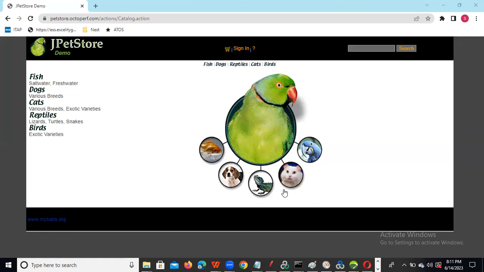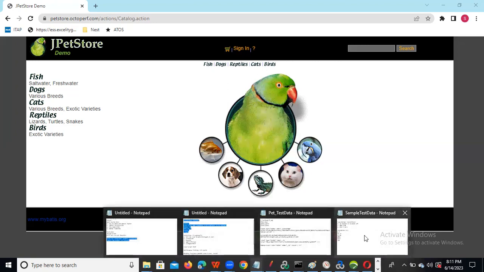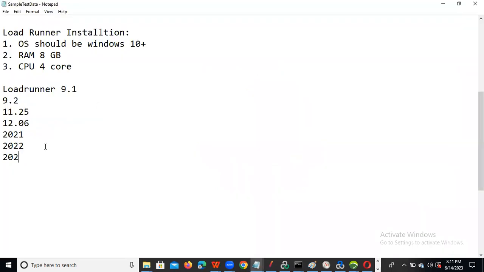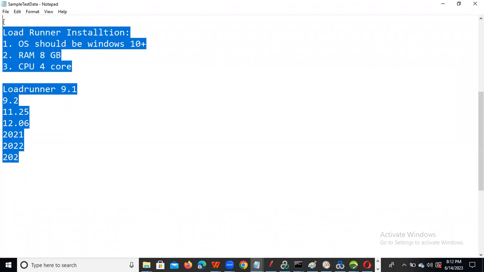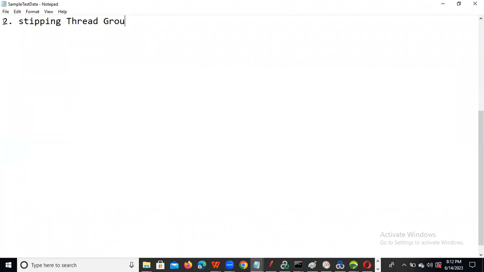Okay, very good. So everyone is good with all these things, right? LoadRunner architecture also we have seen, right? What is the response time? The round trip of request and response, we call response time. Yes, very good. That's fine.